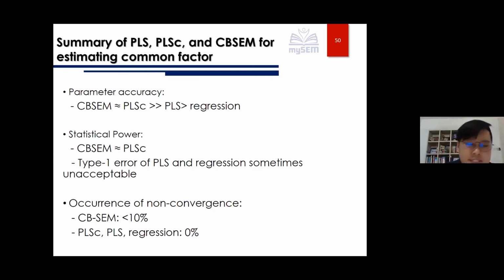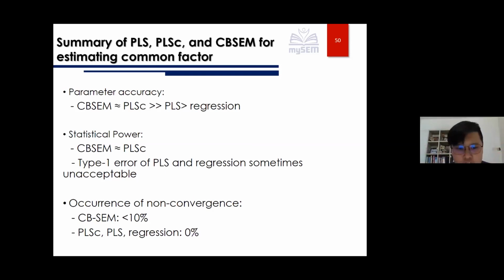But let us look into the statistical power. In statistical power, it is obvious that CB-SEM is equivalent to PLSc, which means PLSc could mimic AMOS or CB-SEM results. And when we talk about type 1 error, PLSc would not have the type 1 error that PLS and regression have when you assume your reflective is a composite type of reflective.